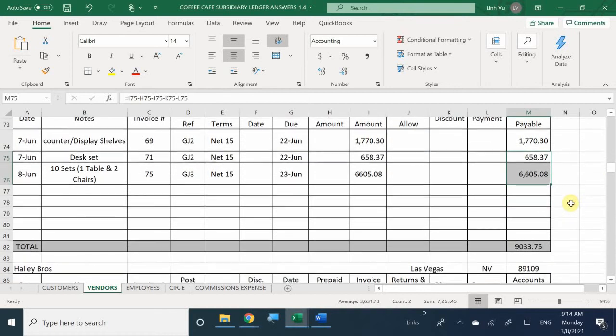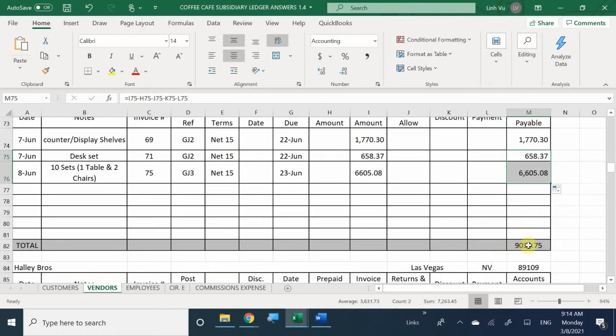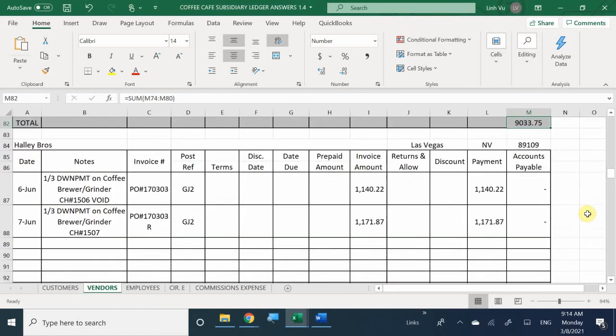And if you scroll all the way down, you owe furniture store in grand total $9,033.75. So again, these should be automated, just because I wanted to make sure that you guys knew how much you owe each vendor. So if you don't have this, it's just equal sum the entire column of your accounts payable. All right, so there you go.